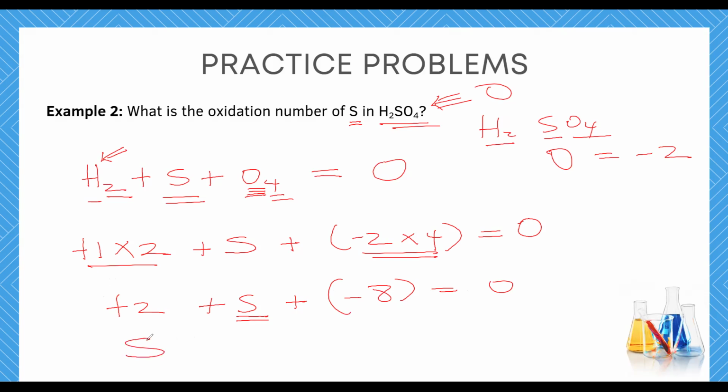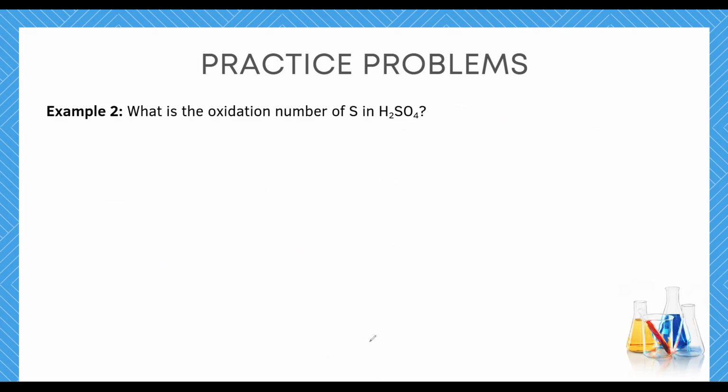So we have S plus 2 minus 8 is equal to 0. +2 minus 8 gives us -6. So we have S minus 6 is equal to 0. When we take this -6 to the other side, we have S is equal to +6. So that is the oxidation number of sulfur. The oxidation number of sulfur in this compound is +6.